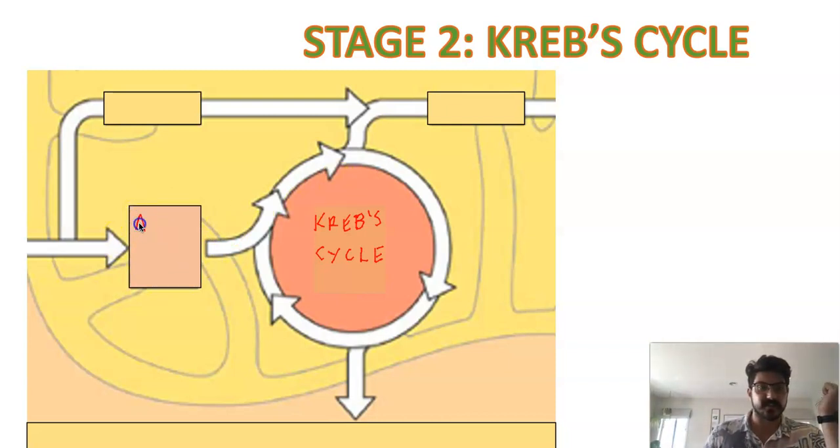It changes into acetyl coenzyme A, or acetyl-CoA. Now we get two of these because we get two pyruvate molecules, so there are two of these acetyl-CoAs, and they enter the Krebs cycle.